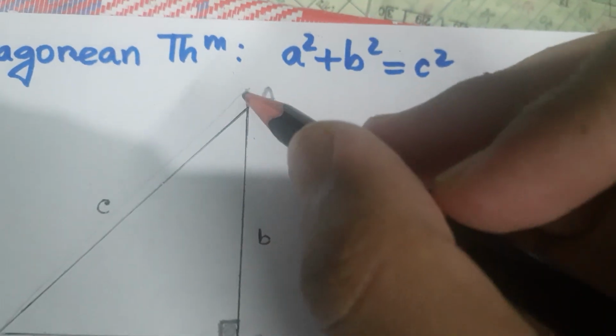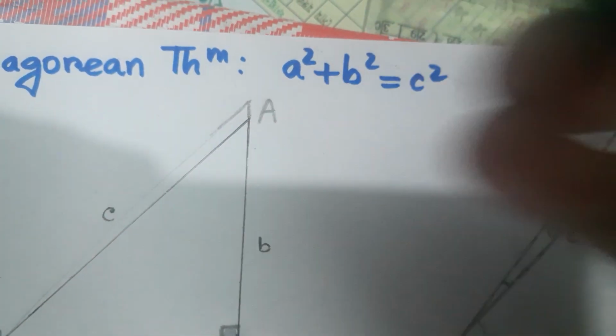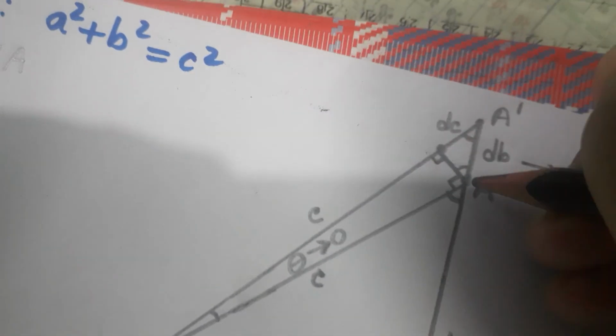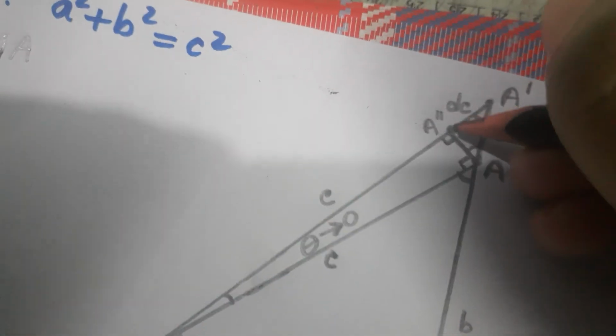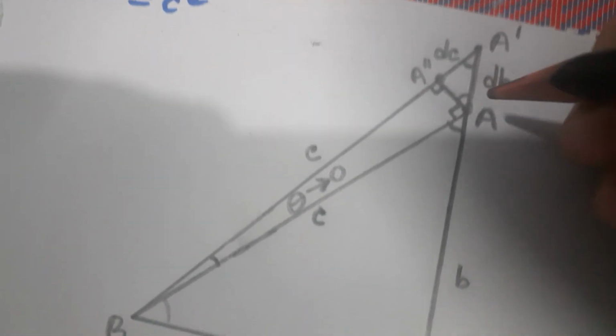This c, we extended a bit by dc, so this whole length is c plus dc, and these 2 points, A and A double dash, are not even different. These 3 points are just the same points.